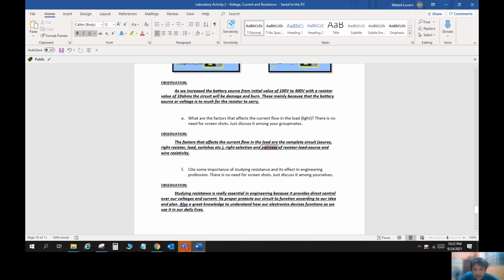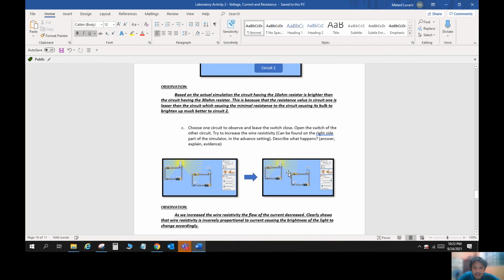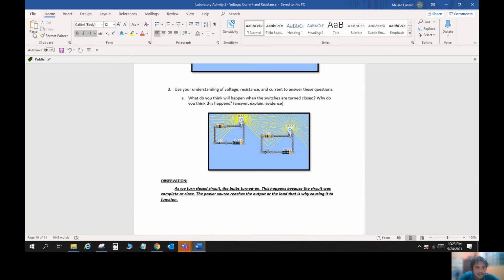Right selection and combination. Yan. Combination. So basically, ito na yun. Save na natin siya.